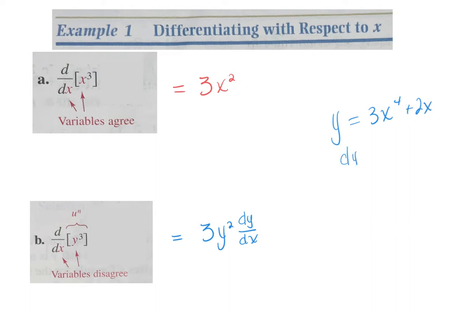The derivative of y is just 1 dy dx. And then we have 12x cubed plus 2. All right. So technically we've been finding dy dx. It's just already been by itself, and we haven't had to worry about it. Now we're going to do some where it's not by itself, and we have to get it by itself to actually solve the problem.